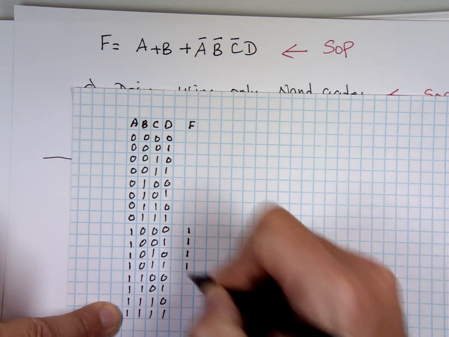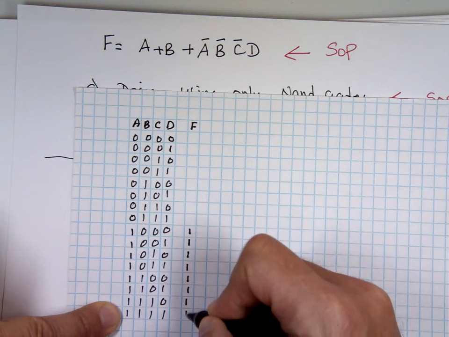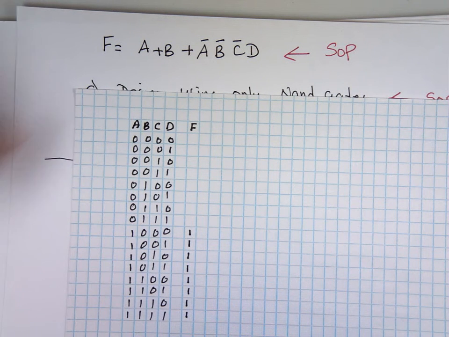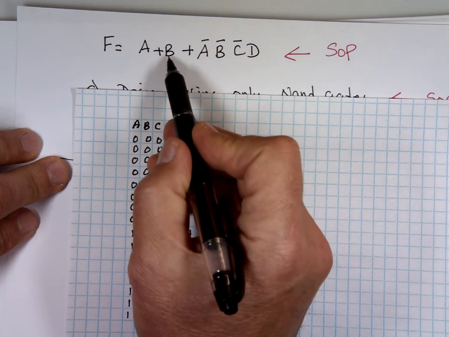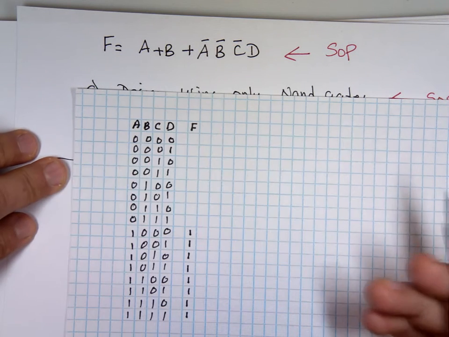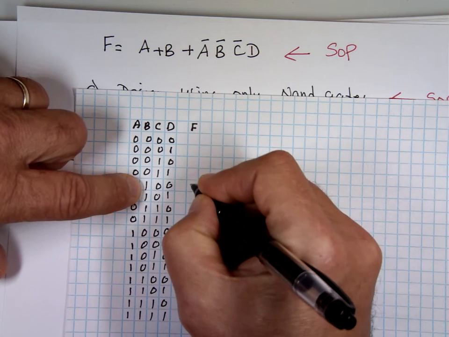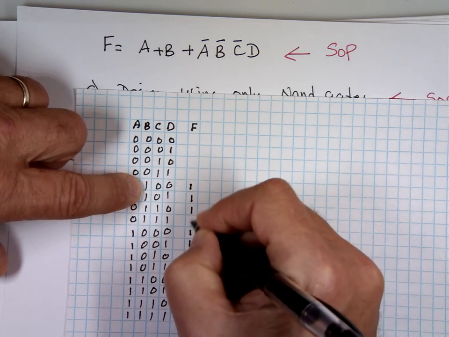That's when A is 1. Also, this one says F is going to be 1 when B is 1. Where is B 1? These 4, right? And these 4, I already put a 1 for them, so I'm okay with those.